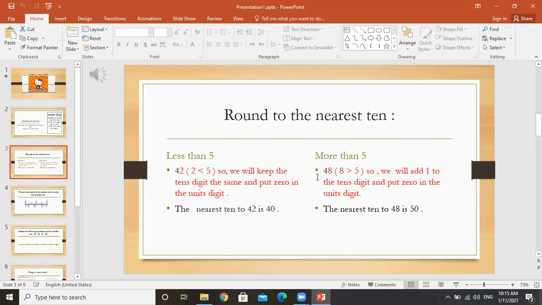While on the other side we have 48. 8 is the units digit. 8 is greater than 5. This means that we will add 1 to the tens digit and put 0 in the units digit. So the nearest 10 to 48 is 50.